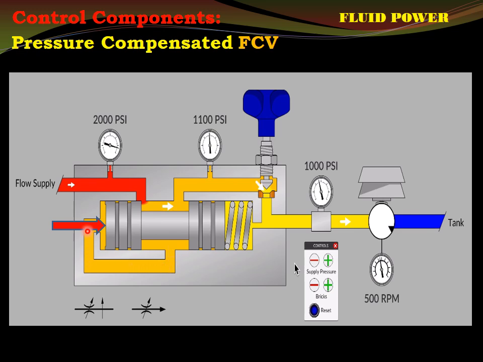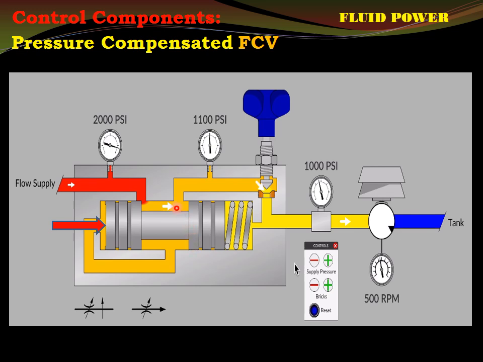It is acting on this compensator spool through this pilot line. Yes, through this pilot line it is acting over there towards right. Okay. The pressures acting on the compensator spool here are nullifying each other. Here it is acting towards left, here acting towards right. They are cancelling each other. Here we won't be considering them.